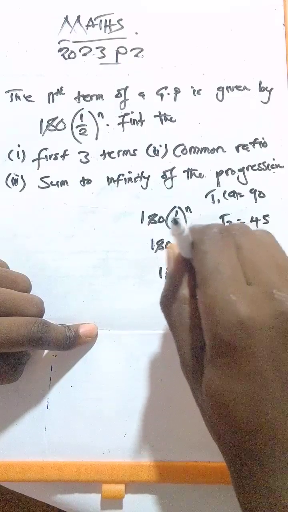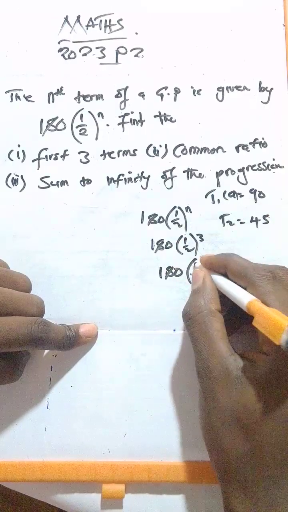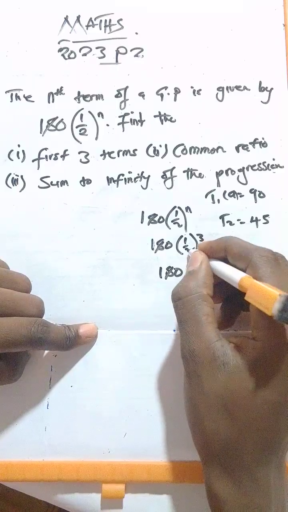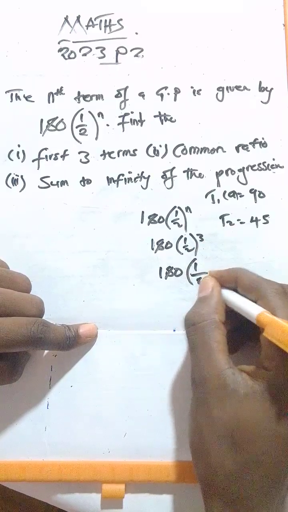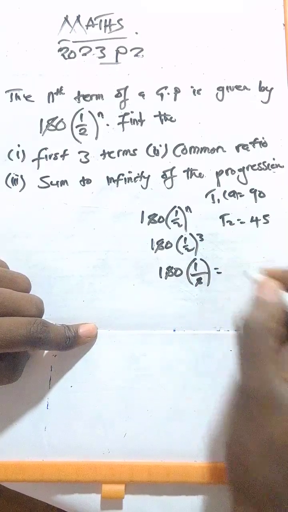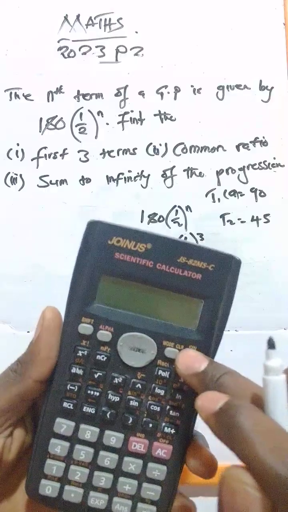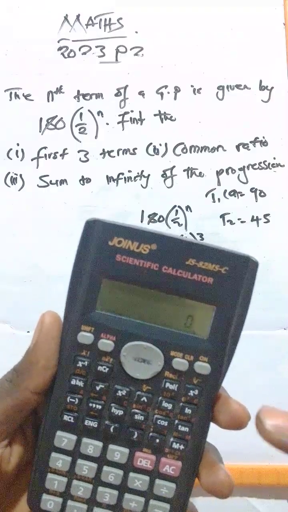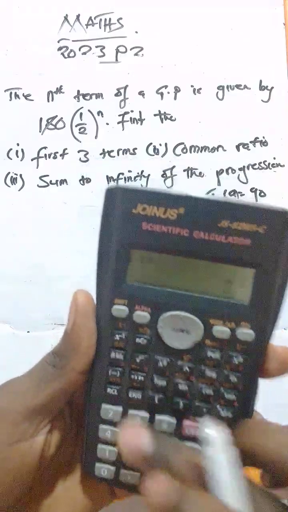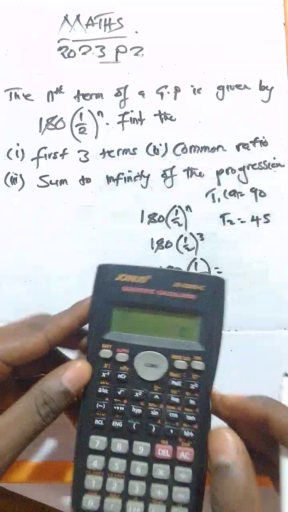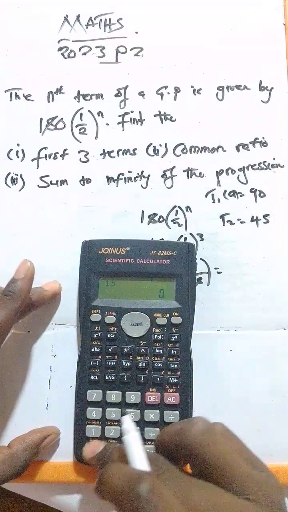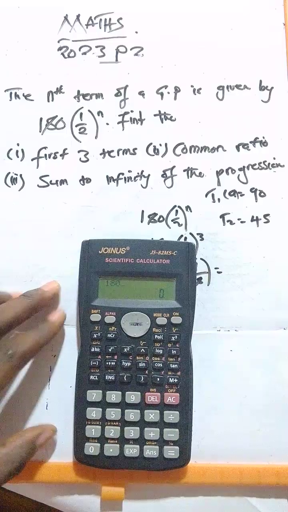If you square 1 three times, it will give us 1. Then 2 to the power 3 gives us 8. Then from here, if you use our calculator, we have 180. Hope you are able to see.